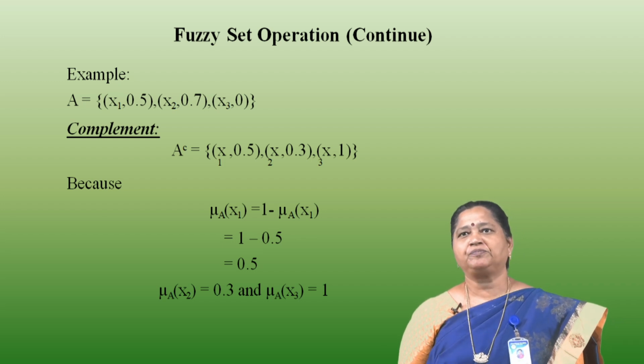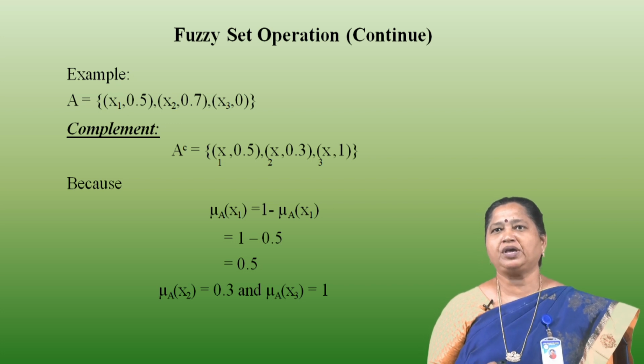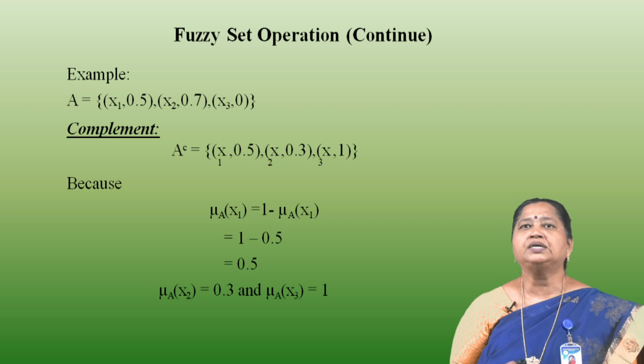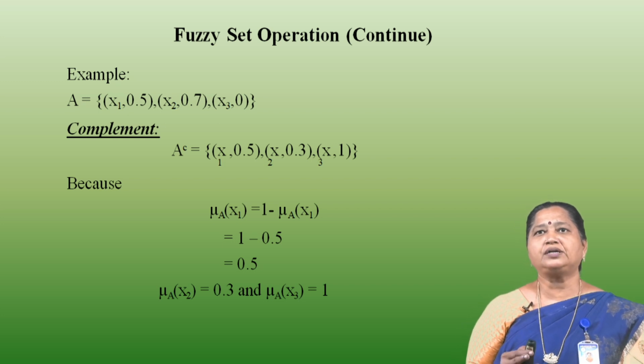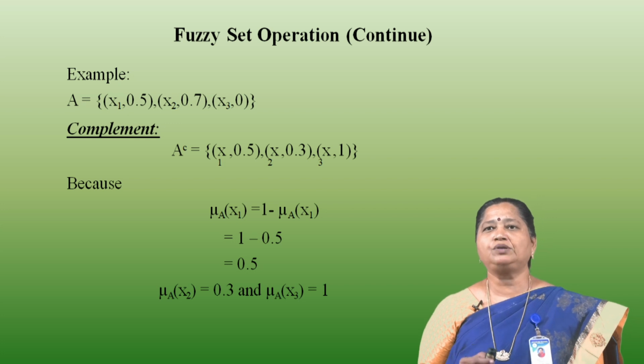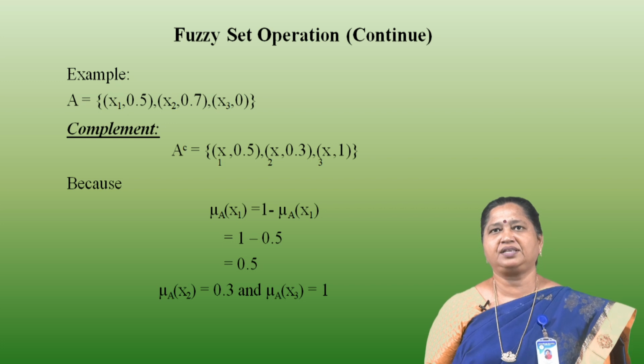That is the formula. That is 1 minus 0.5, which is 0.5. The same will be followed: 1 minus 0.7 is 0.3 and 1 minus 0 is 1. That is the x2 value and x3 value.